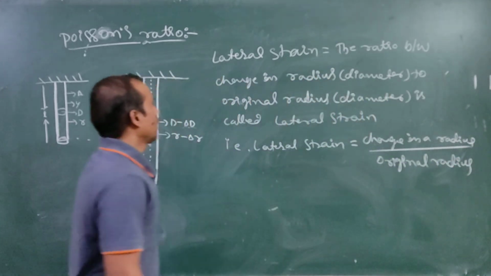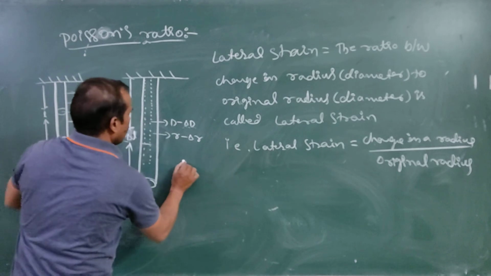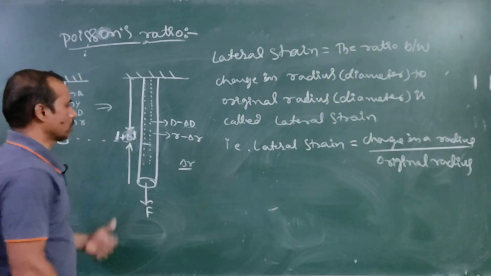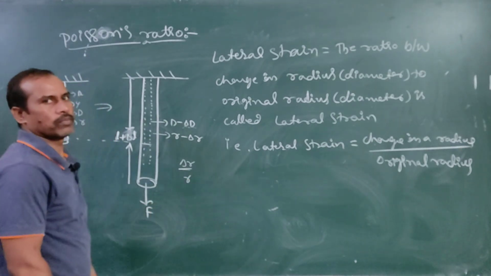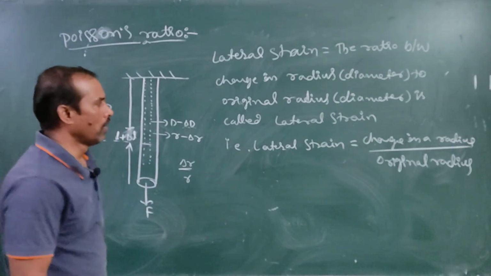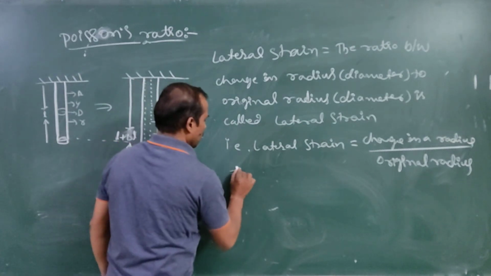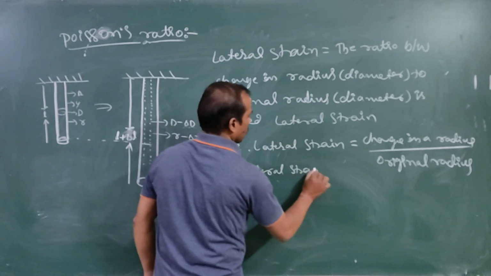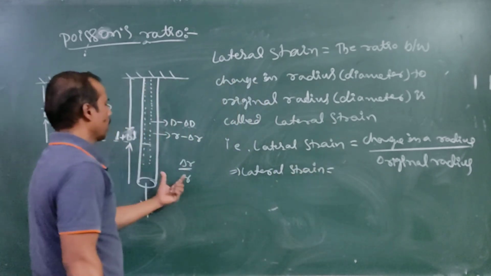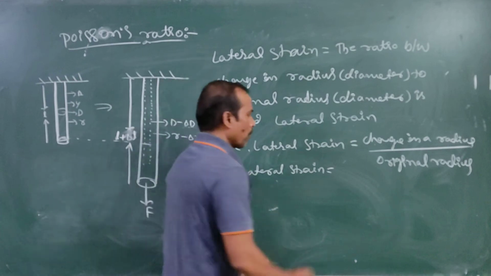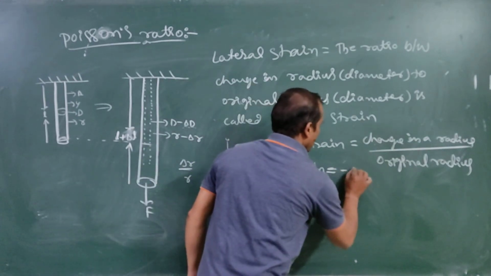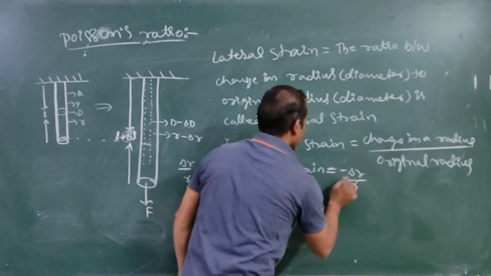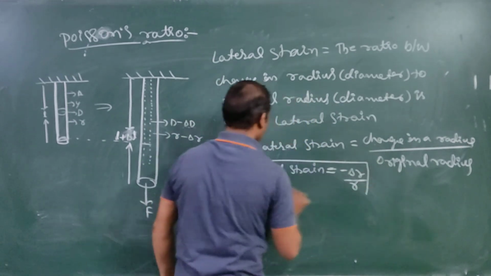Here, change in radius means delta R, and R means the original radius of the given wire. So lateral strain is equal to, with a minus symbol placed here, minus delta R by original radius R. This is the lateral strain.